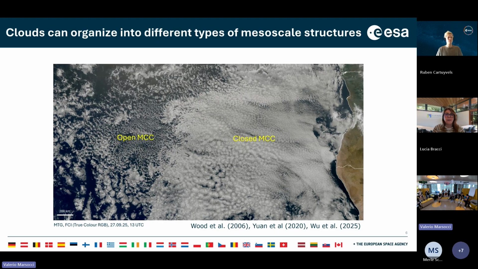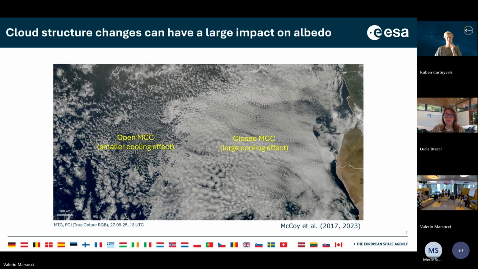Then more towards the left, we have open cells. The characteristic is this honeycomb-like structure. And then there are more structures, like solid stratus, more disorganized cells, or more cumuliform clouds. But the ones that I'll focus on in this talk are these closed and open cells.